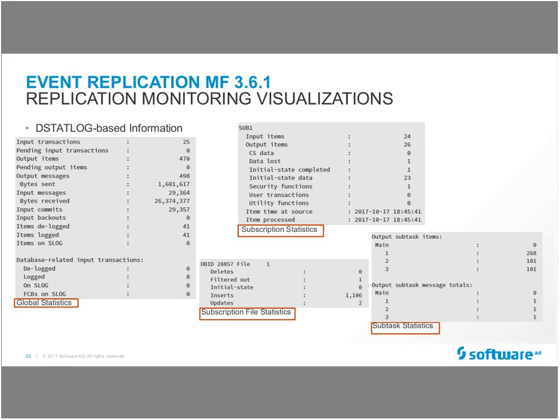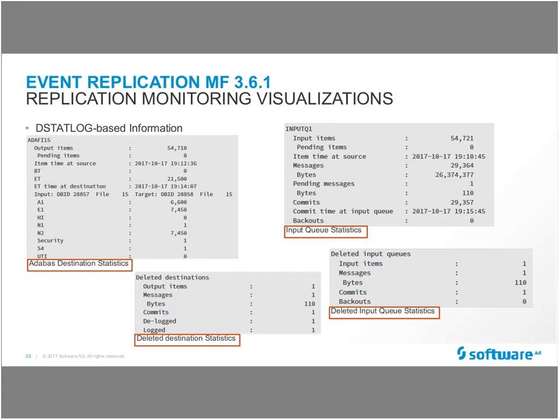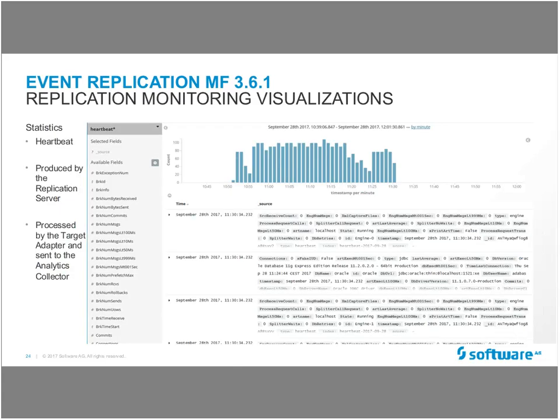For subtasks, which subtasks work, the output totals, and so on. And a few others, the database destination statistics. These are all information we use in order to provide it at the target side to do analytics later. And even if you delete a queue or a destination, you will get information what you lose when you delete it while the system is running.